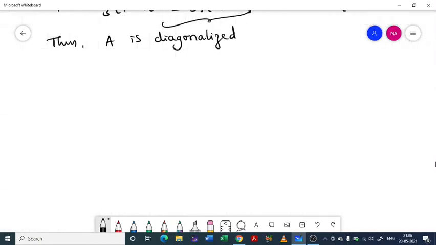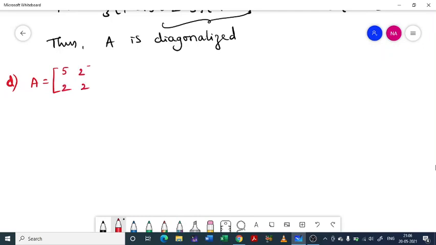Next, problem D. I'll just explain the outline of these problems. Problem D, the matrix is [[5, 2], [2, 2]]. Solution.